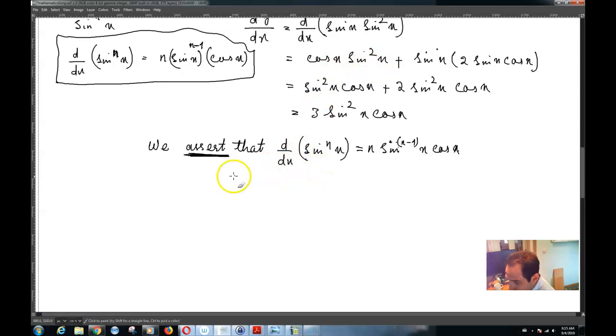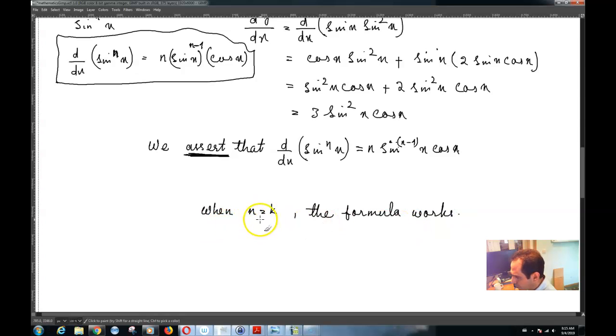Okay, so if you remember, I told you that we assume that this assertion is true for some n is equal to k, meaning that we assume that when n is equal to k, the formula works, and then we prove that when n is equal to k plus 1, the formula will work as well.